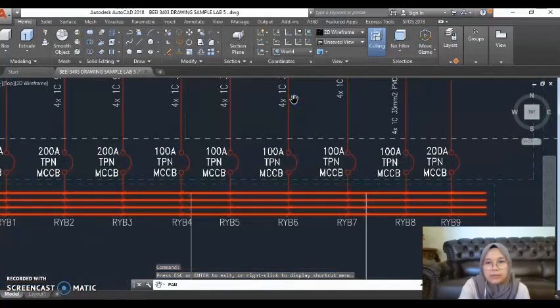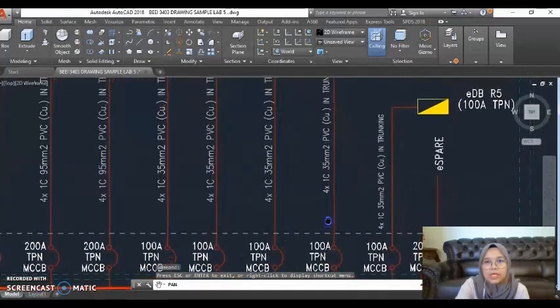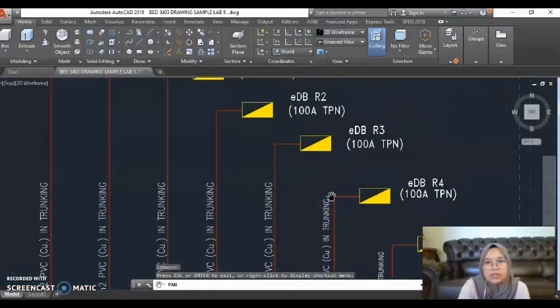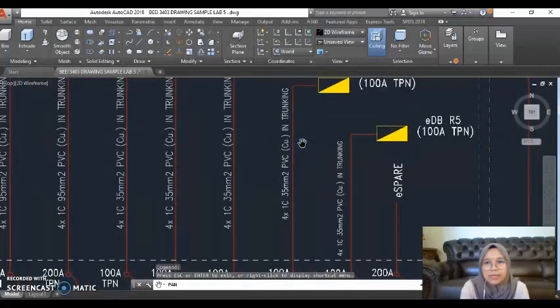And the next one, RYB7. The rating current for the MCCB is 100 ampere also, and the cable size is 4 times 1C 35 mm square PVC, and the outgoing switchgear is EDBR4 100 ampere TPN.